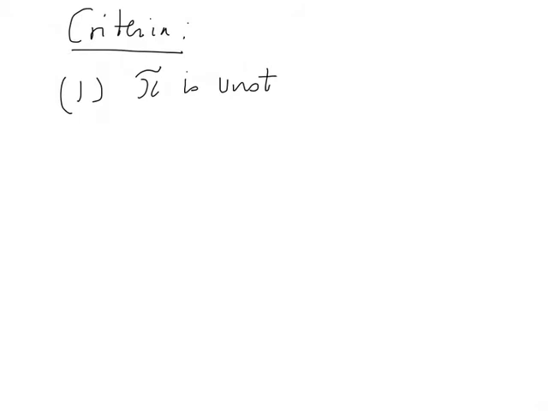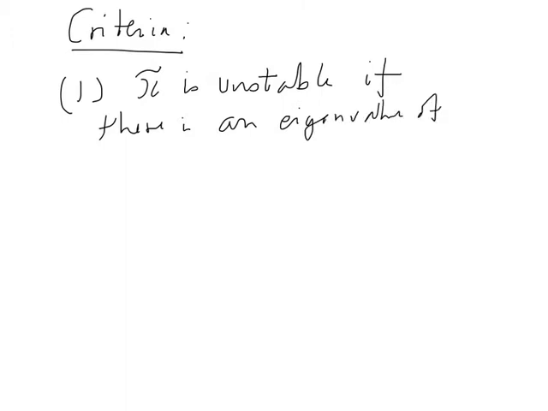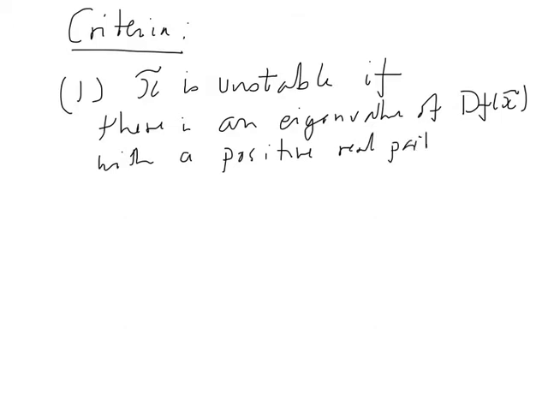So here are the criteria then that we want. One is that x tilde is unstable if there is an eigenvalue of this matrix df at x tilde with a positive real part.